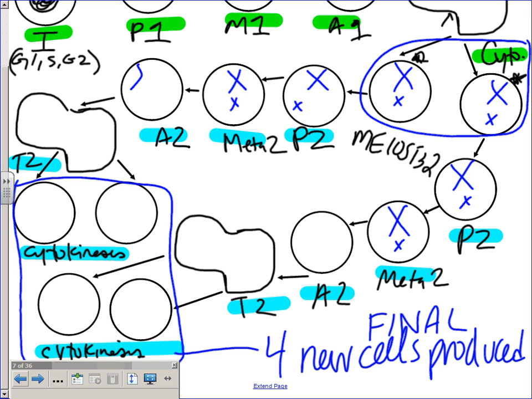The sister chromatids are split. Oh, and I totally forgot to draw what's supposed to be attached to these: spindle fibers here, and here, and here. Okay, there we go. Alright, we're almost done. We've almost made eggs and sperm. Okay, what's next?